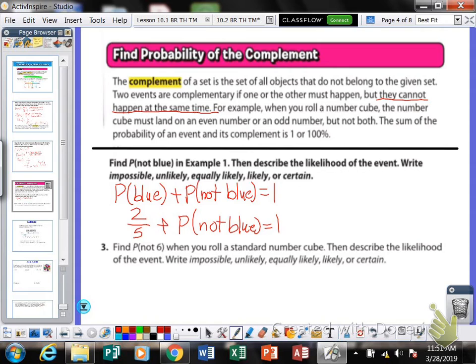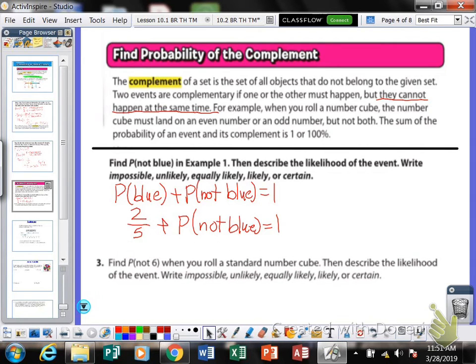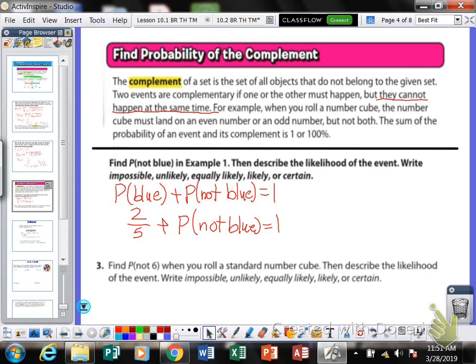Now I just need to solve. Okay, we want to find the complement, so I'm going to subtract 2/5 from both sides.